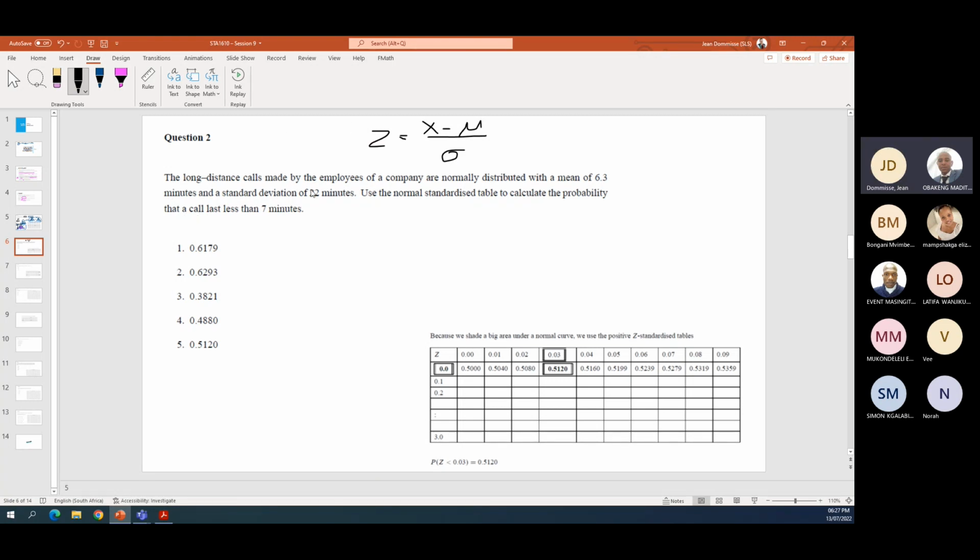Long distance calls made by employees of a company are normally distributed, so we know that we can work with a Z. It's got a mean of 6.3, standard deviation of 22 minutes.